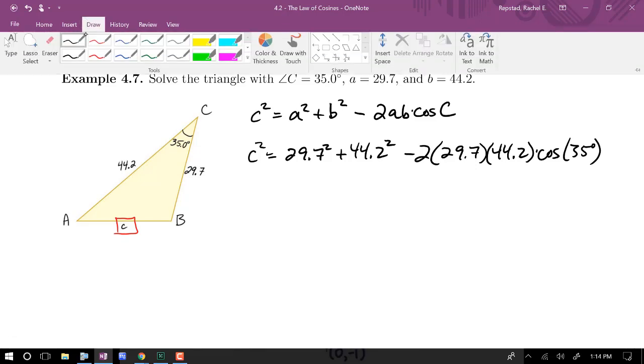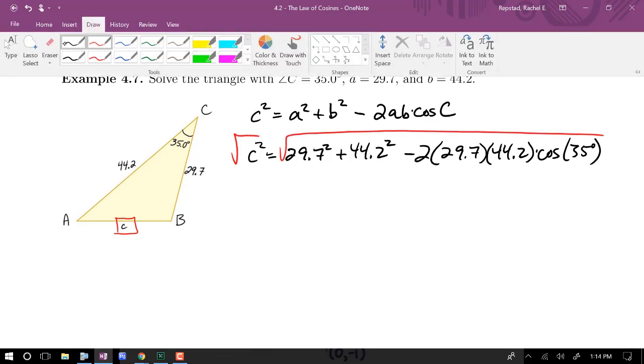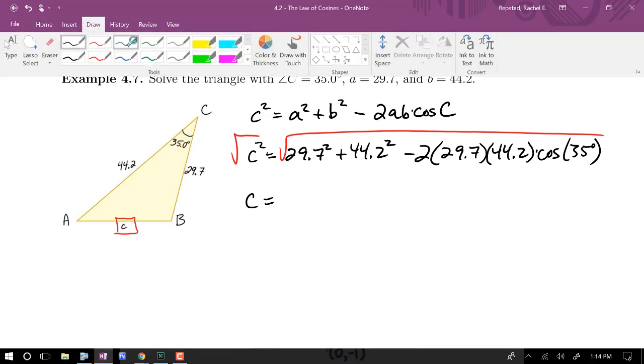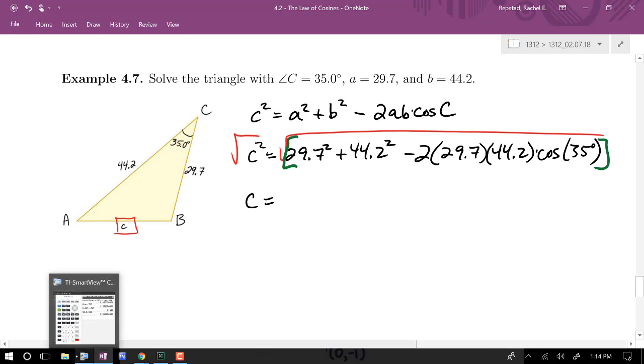And then square roots and whatever. If you're putting this whole thing in the square root, make sure you put parentheses around the whole thing so that the whole thing is under a radical.